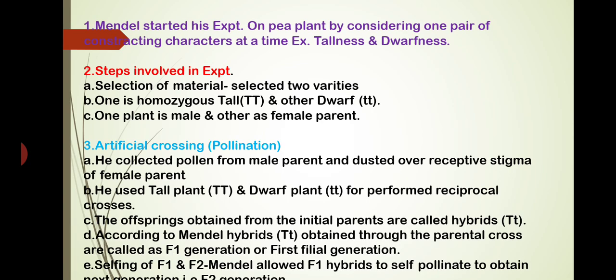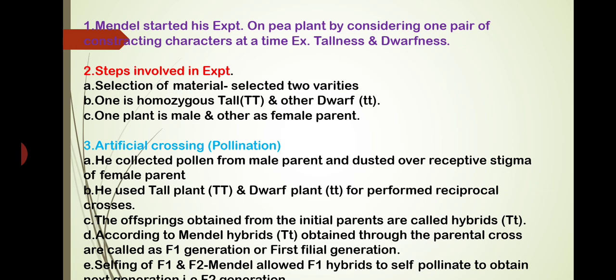Then next point, Mendel started his experiment on pea plant by considering one pair of contrasting characters at a time. Example, tallness and dwarfness. There were some steps done by Mendel.